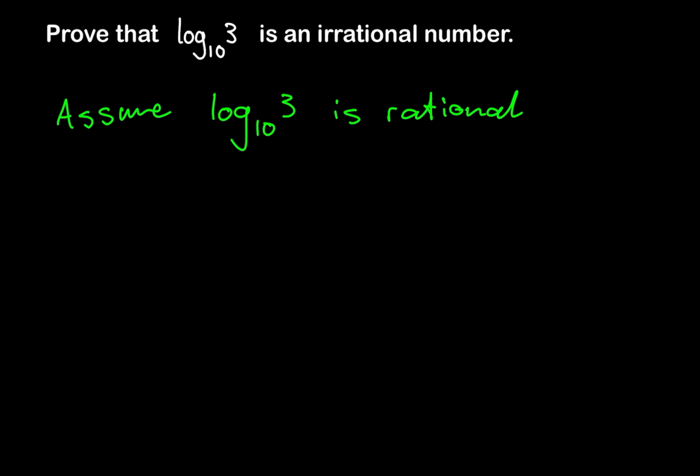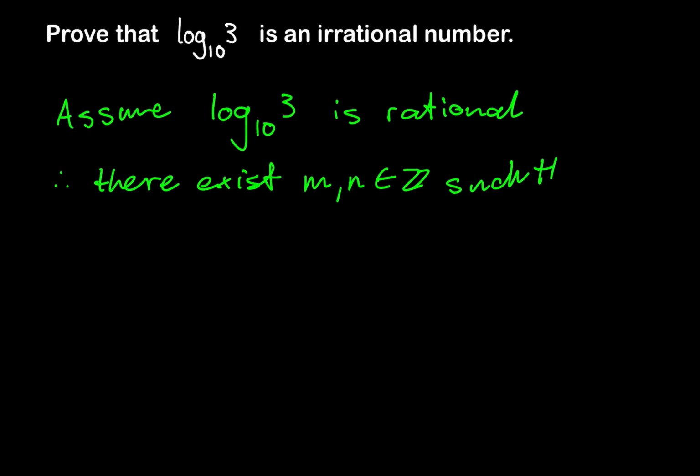Okay, so if this is true, that log of 3 to the base 10 is rational, then there must exist some numbers m and n, elements of the integers, such that m divided by n is equal to log of 3 to the base 10.